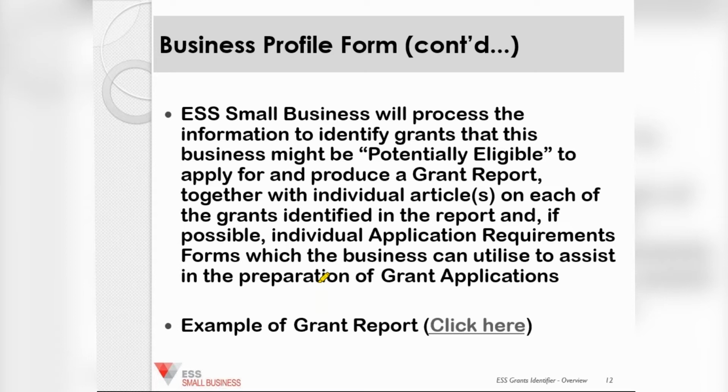You'll be then able to understand the application process and the ongoing reporting process if you are accepted into that grant. So we're going to now show you a sample of a grant report.